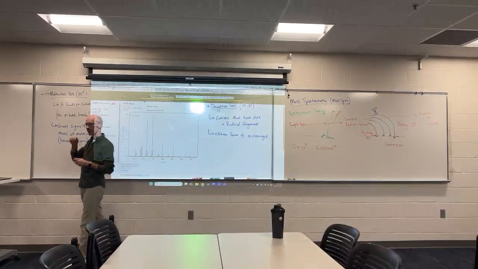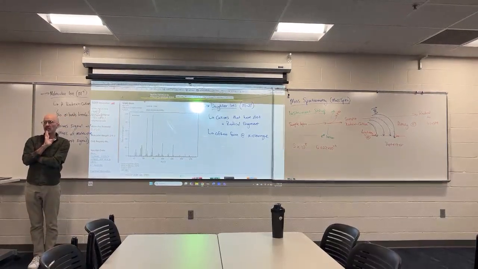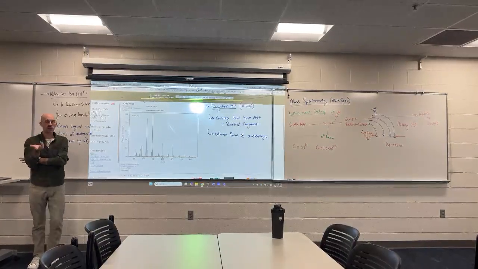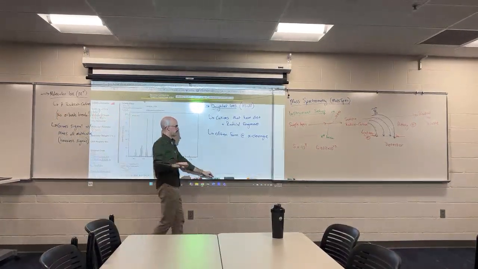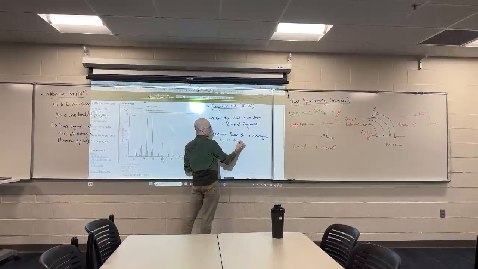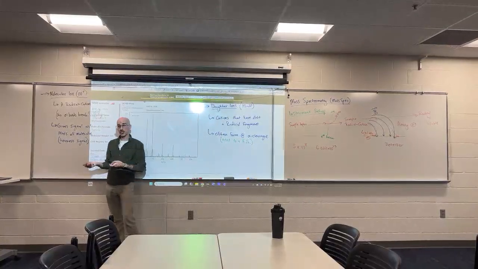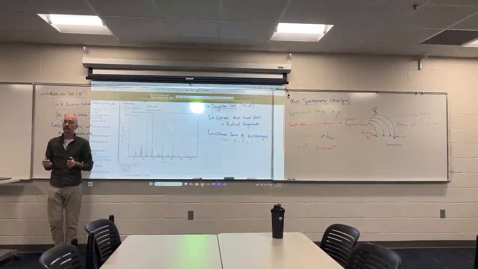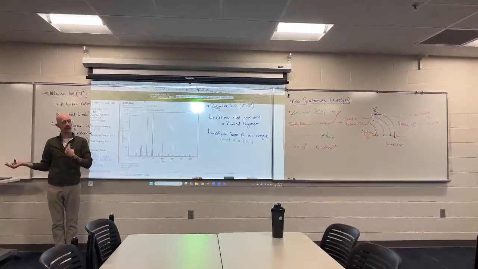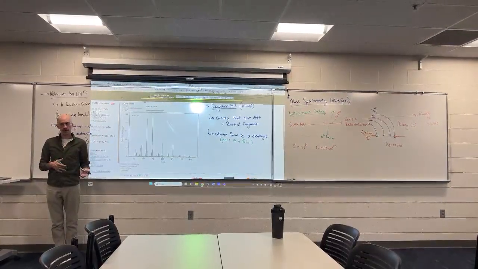These daughter ions often form by alpha cleavages. That's meant to be a reference to a functional group. Functional groups can either stabilize the cation or they can stabilize the radical.